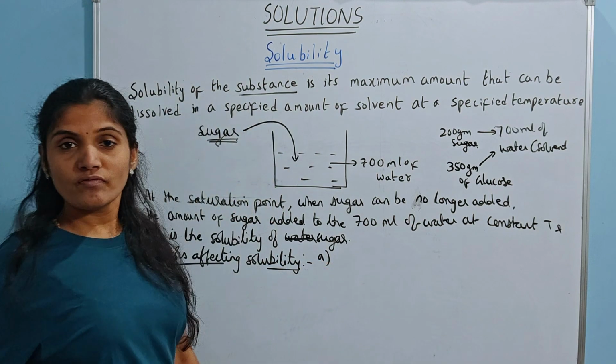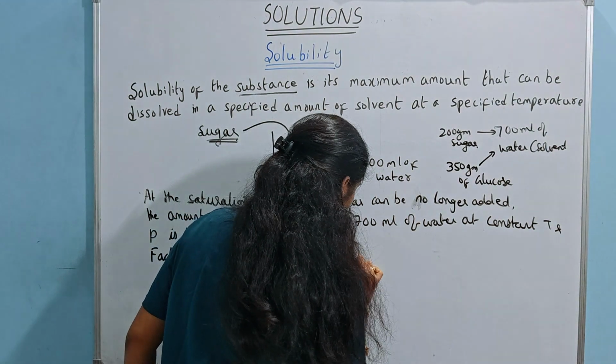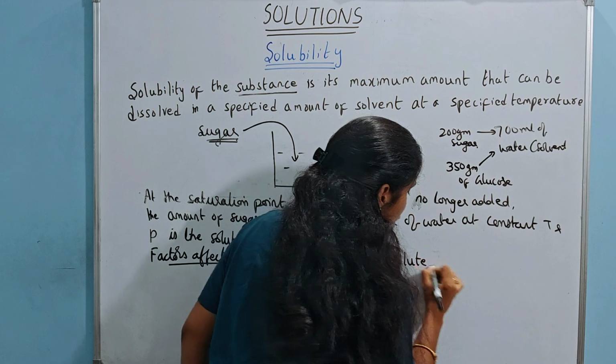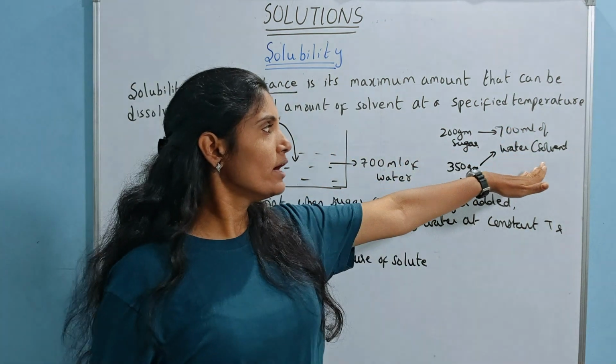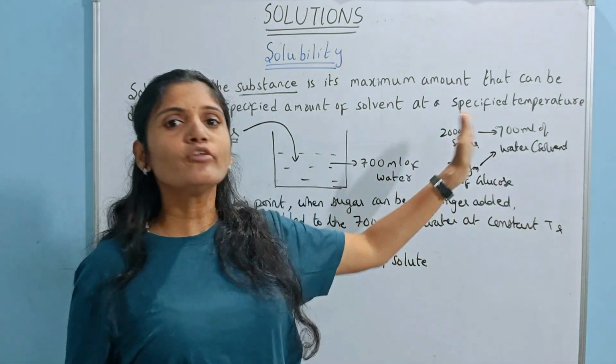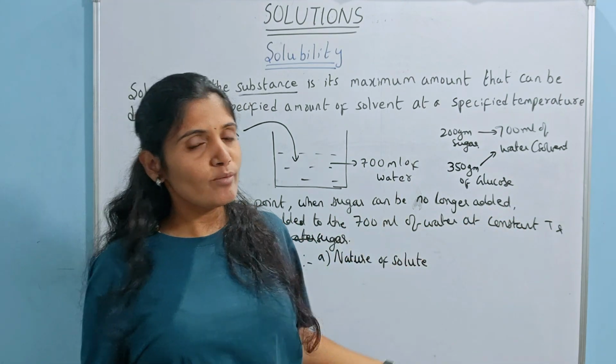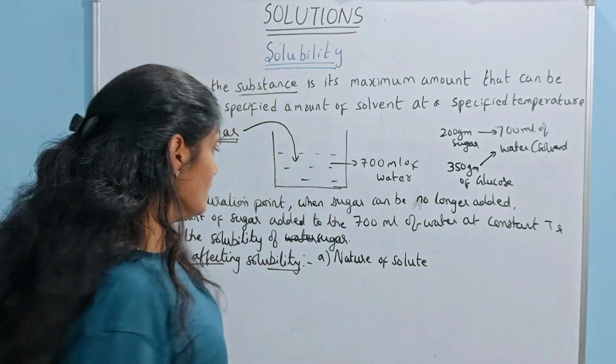The first factor affecting solubility is nature of solute. For this explanation I have just given, I will take the same 700 ml of water. If sugar I have taken, its solubility will be different. If I change the solute, that solute nature will be different, so its solubility will be different.